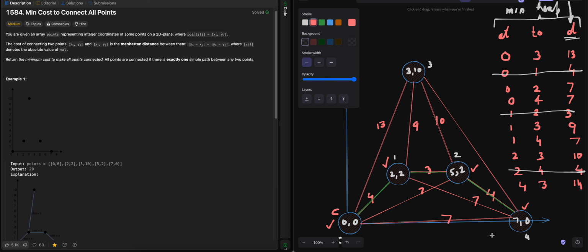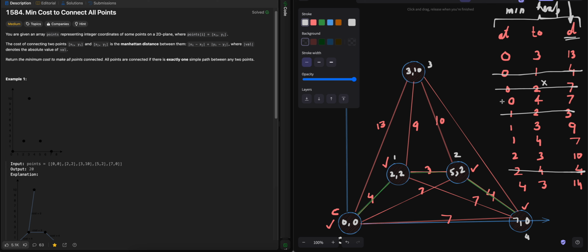Now we have to pop from the min heap the edge with the minimum distance. Let's see which is the minimum. It is 0 to 2 with distance 7, but 2 is already visited, so we cannot take this one.